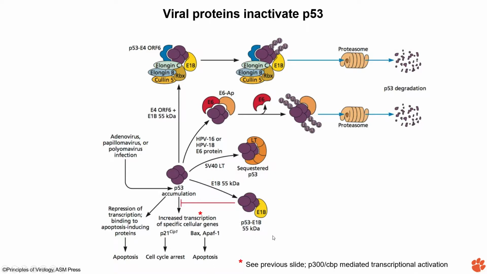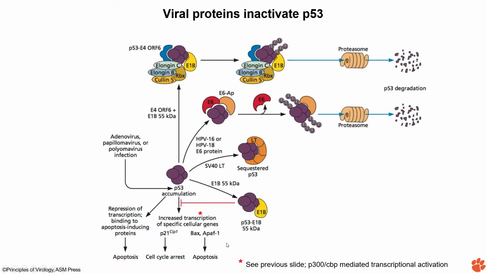So basically what you are seeing is that out of all of this, degradation, sequestering, repression of transcription, binding to apoptosis-inducing proteins, it checks the apoptosis and the cell cycle arrest by the p21 cyclin inhibitor protein. That cell cycle arrest is gone, and BAX, APAF1, these are also apoptotic proteins.